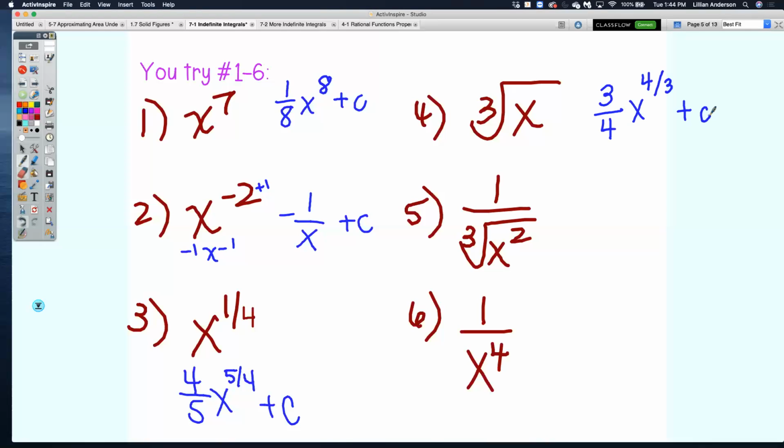Number 5. 3x to the 1/3 plus c. Very good. Negative 1 over 3x to the power plus c. Never forget the c. Questions?